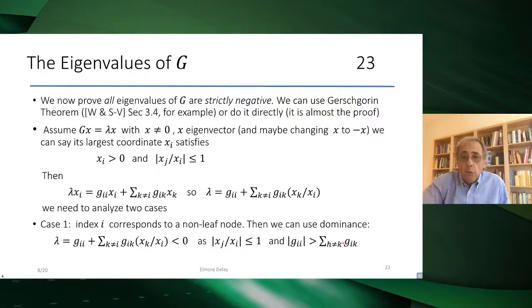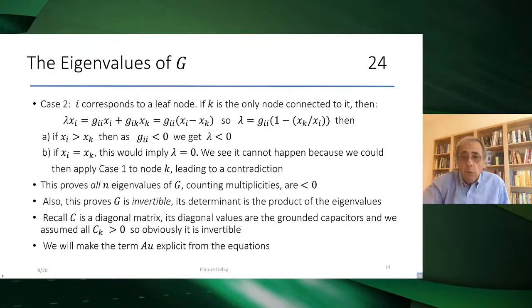So clearly, the number is negative because this quantity dominates and is negative. In the case that it is a leaf node, if you remember, we said that it was equal. So in that case, theoretically it could be equal, but then you apply the theorem to the one before the end point, and again you get lambda equals 0.